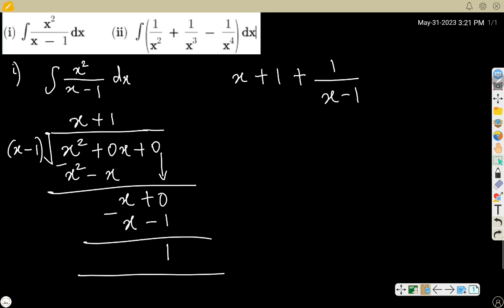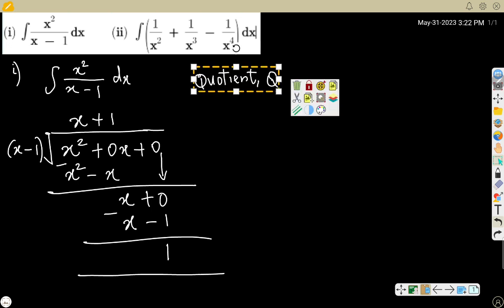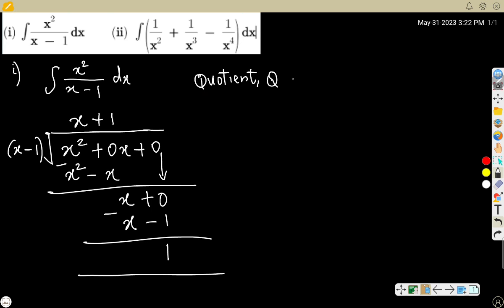So let me show that because of another question. We represent quotient as q, which is equal to x plus 1.